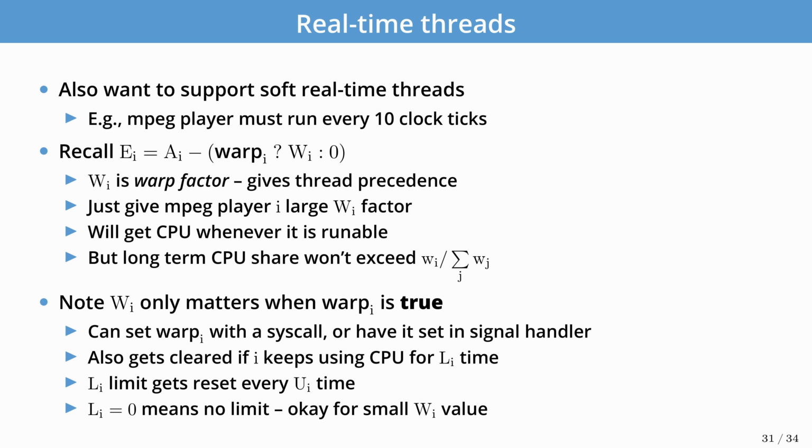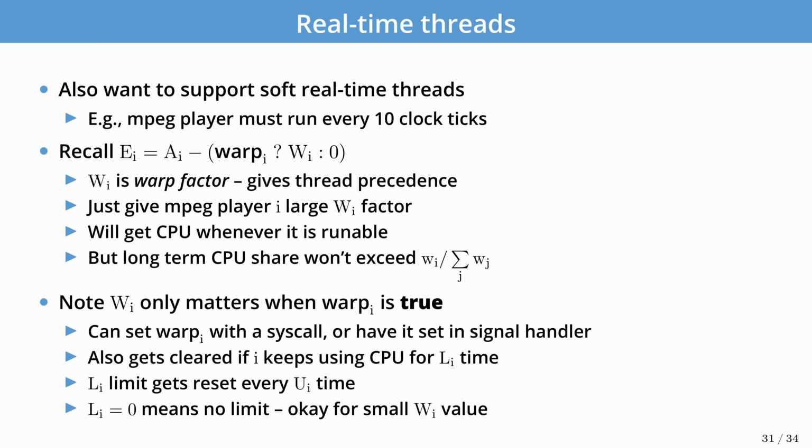Here, we can recall the flag. What we use for all the computations is the effective virtual time, EI, which is just the actual virtual time minus the warp factor if the warp is enabled, or 0 otherwise. And the warp factor just gives us an amount of room that a task can run whenever it needs to in order to satisfy its real-time needs.